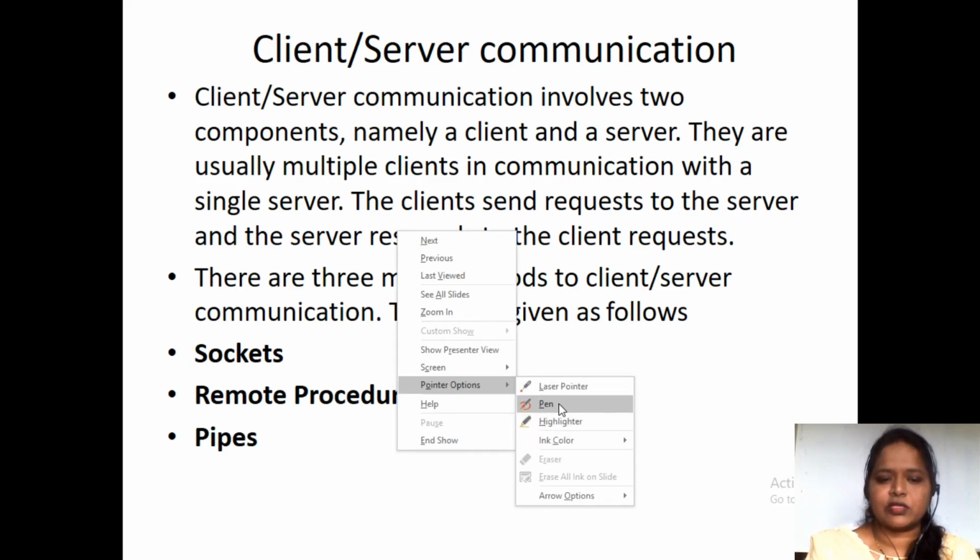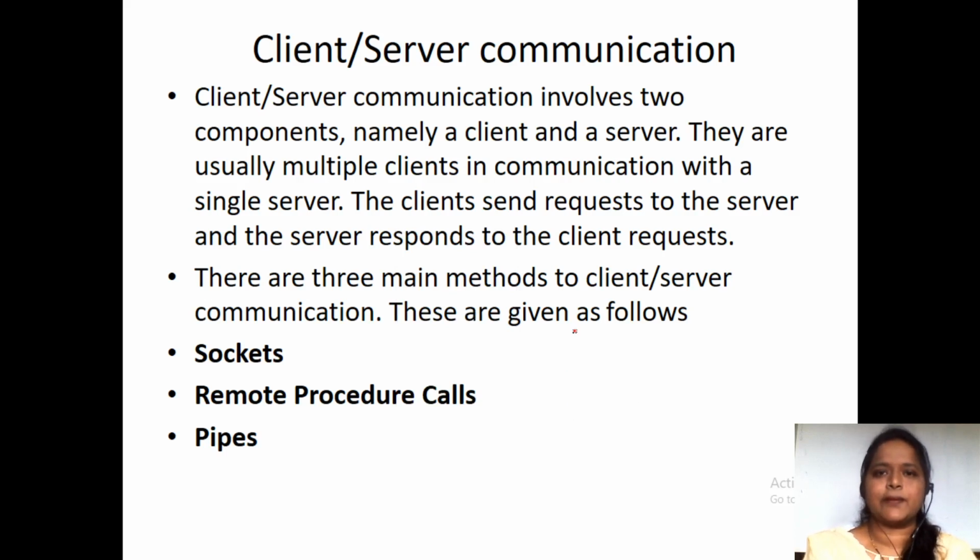As I have said, the first one is the socket, the second one is the remote procedure call, in short RPC, and the third one is the pipe. These are the three different methods by which we communicate between the client and the server.